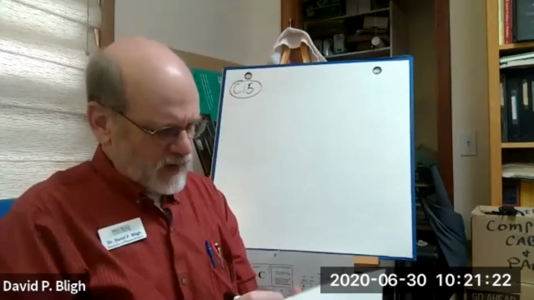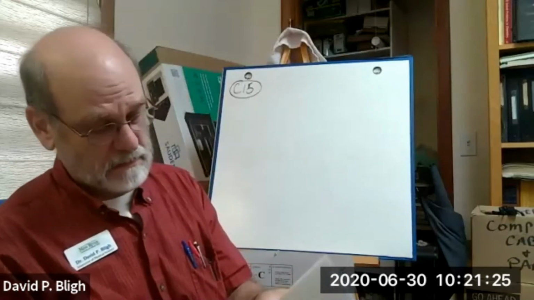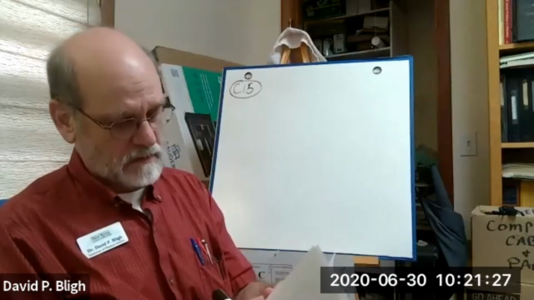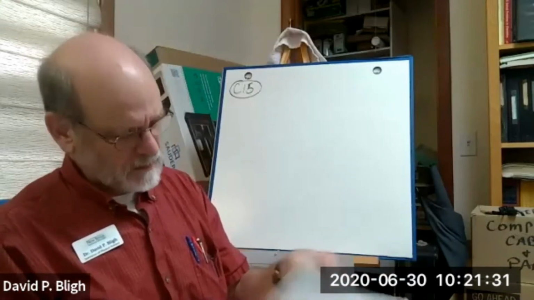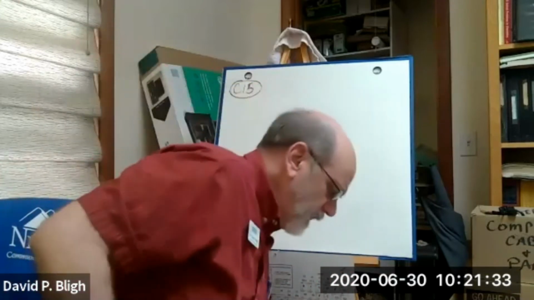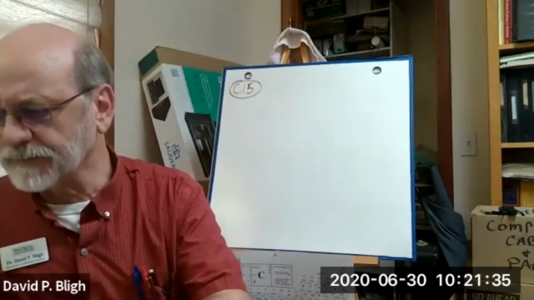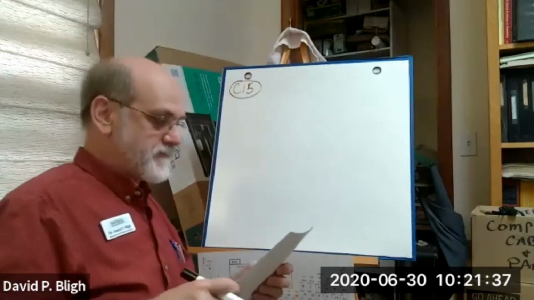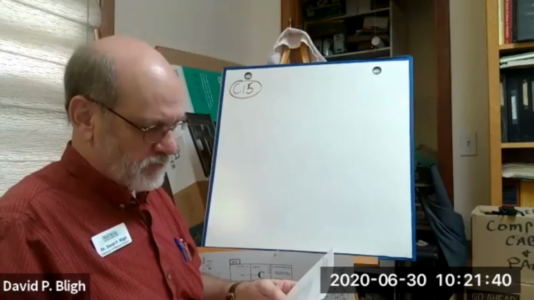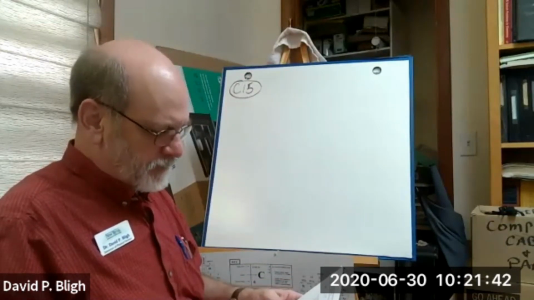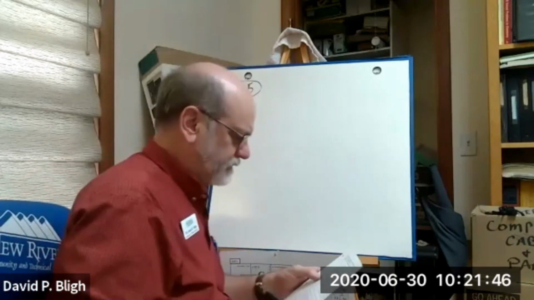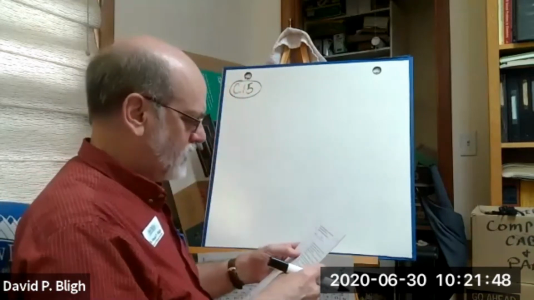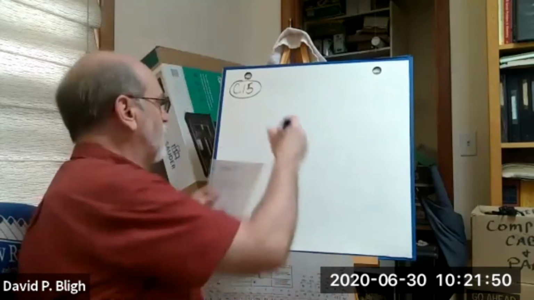Okay, let's see how many we have to deal with here. 25, so we have fewer to pick from. All right. Well, let's just start with 1.